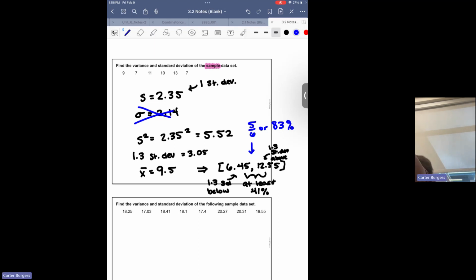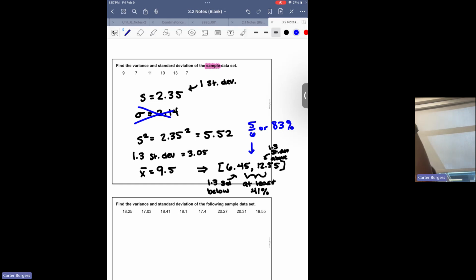This process of figuring out the actual number that we find when we are looking at a certain number of standard deviations, that's going to be something that we do a lot at the very end of what we're doing with this course with confidence intervals. So we will readdress this later.